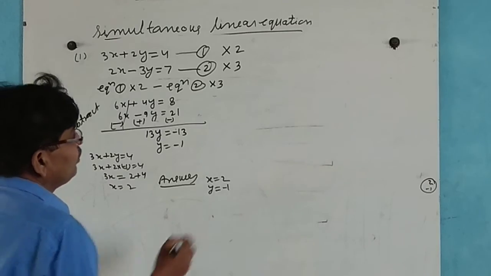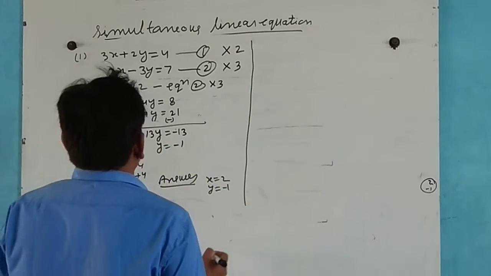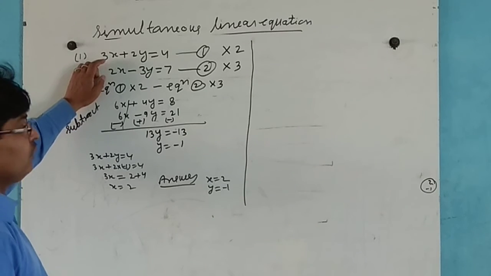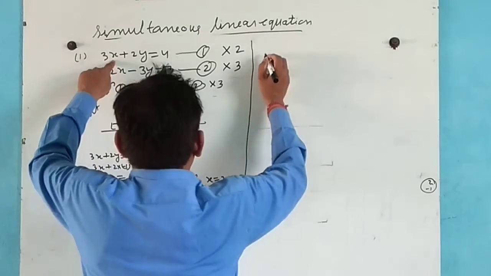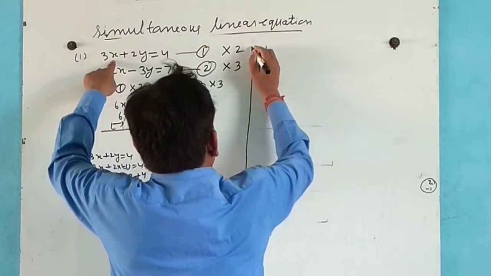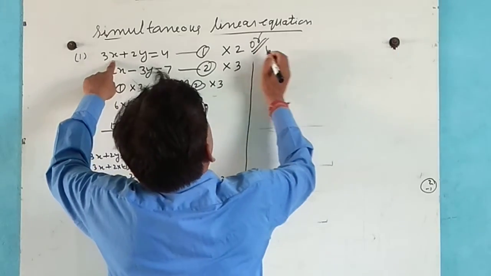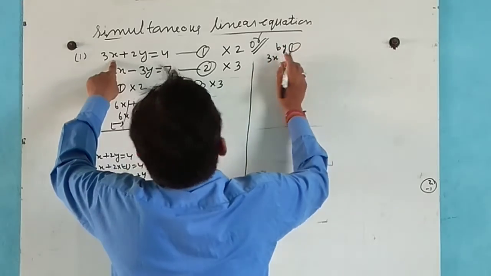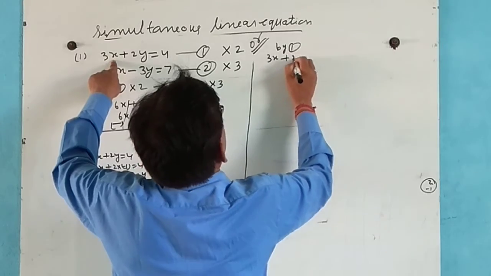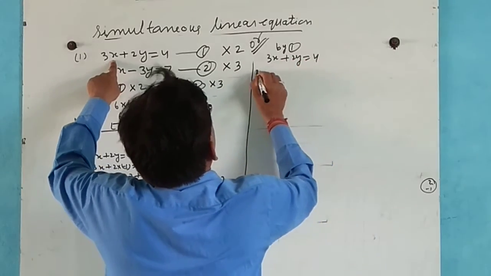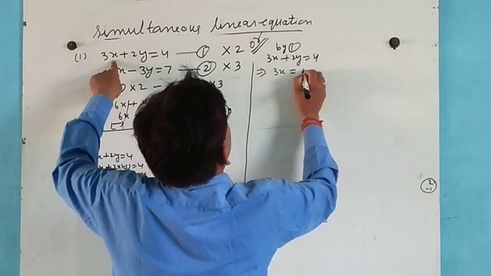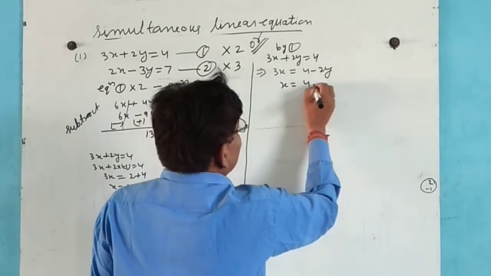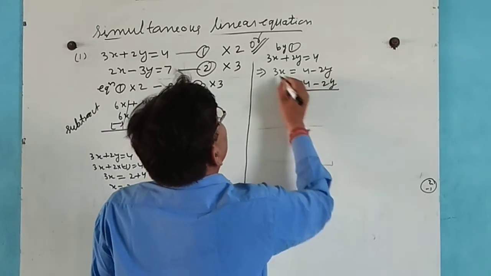This question can also be solved by another method. First of all, we take the value of x from equation 1. 3x plus 2y equal to 4 implies that 3x equal to 4 minus 2y. After that, x equal to 4 minus 2y divided by 3.